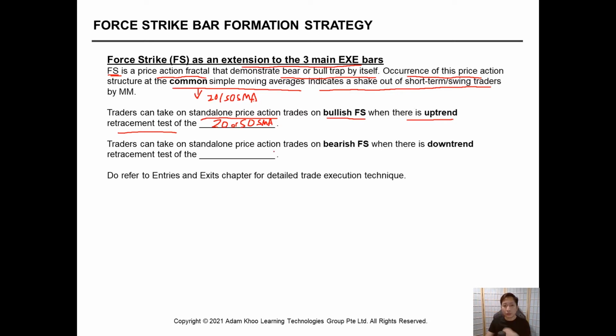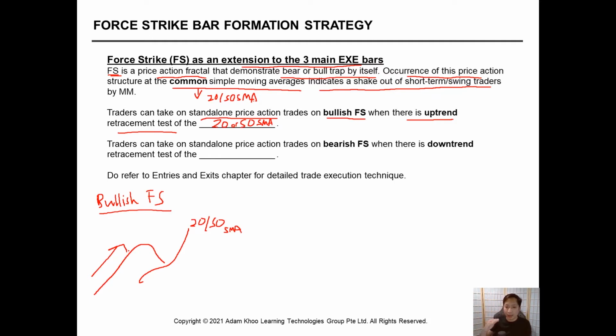So you can trade this, for example here, as you can see over here, for bullish FS, force strike, you can trade it when it is in the uptrend retracement to the 20 or 50 SMA. Okay, so it must be in a clear uptrend. So you must see that the price is making higher highs, higher lows, or general upside price movement.